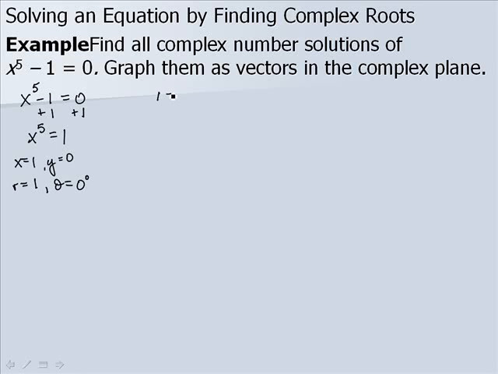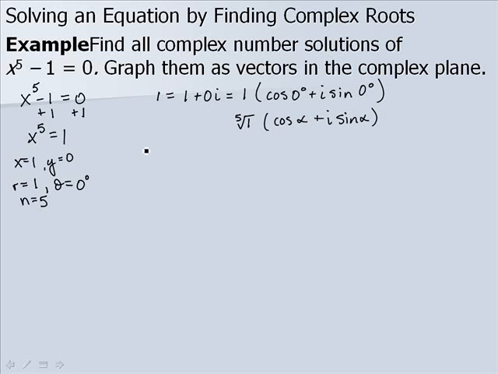So when we rewrite it, we'll get 1 equals 1 plus 0i, which is equal to 1 times the cosine of 0 degrees plus i sine of 0 degrees. And remember, we're taking the 5th roots, so n is 5. When we take the 5th root of 1, we'll simply get 1, and then we'll have the cosine of our alpha plus i sine of our alpha.